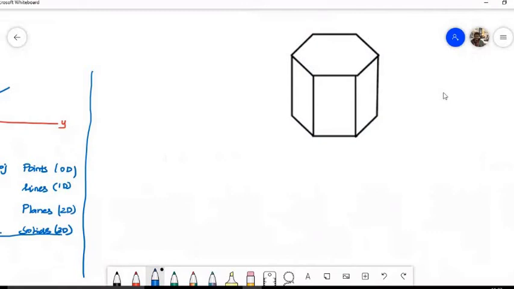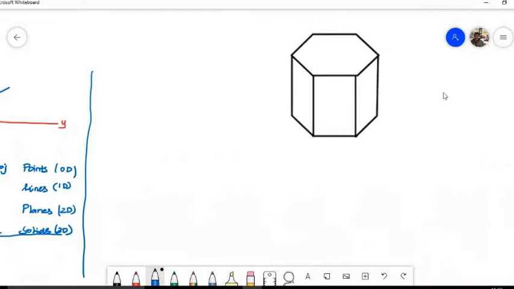So in a prism, you will be having two bases. Okay. So these are called bases, base 1 and base 2. And the next thing is called sides. It has 6 sides. So 1, 2, 3, 4, 5, 6.